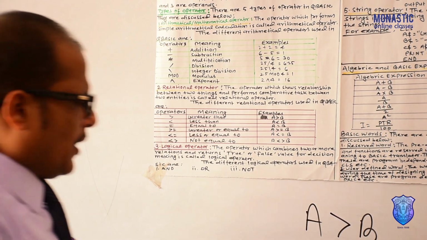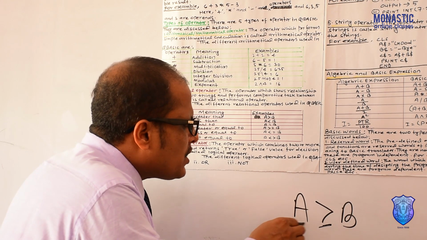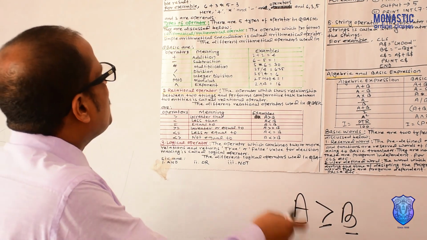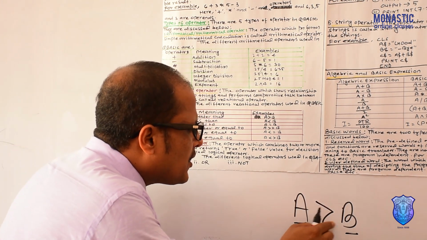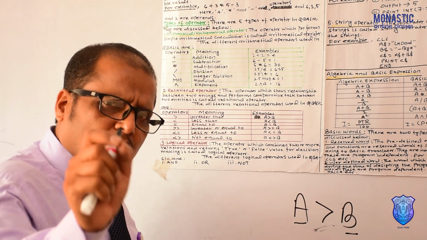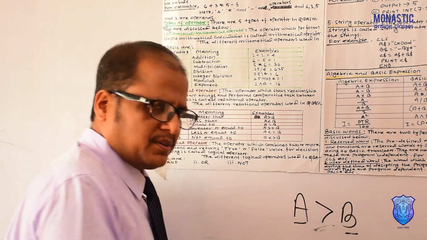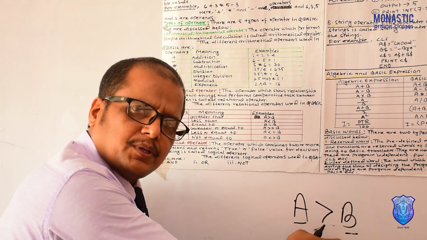Again, listen. Here the greater than sign is a relational operator which shows the relationship between A and B, between two values, that is, A is greater than B.